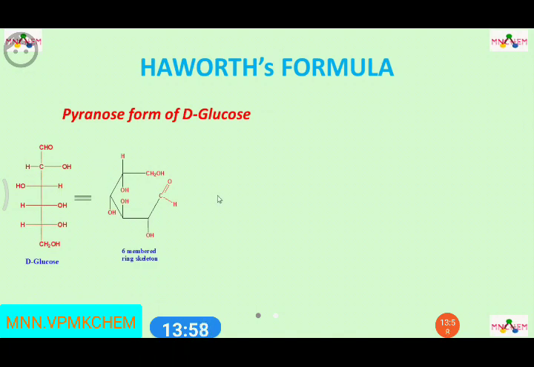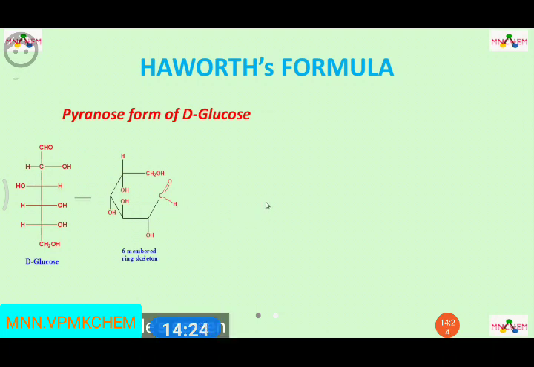The hydroxy group present at C5 reacts with the aldehyde group in glucose and forms a six-membered oxide ring. But in this particular structure, the hydroxy at C5 position is not properly oriented with respect to CHO.